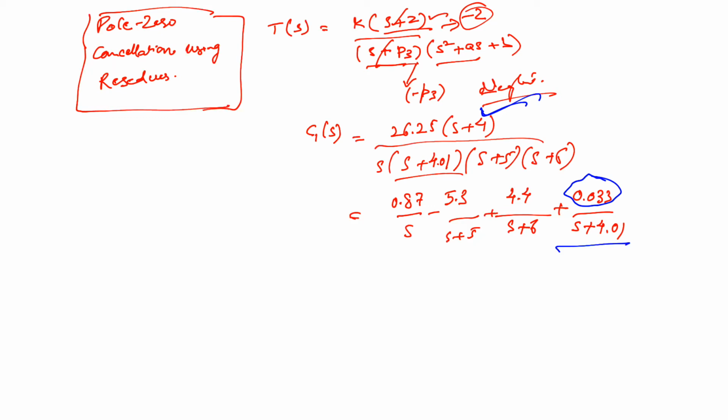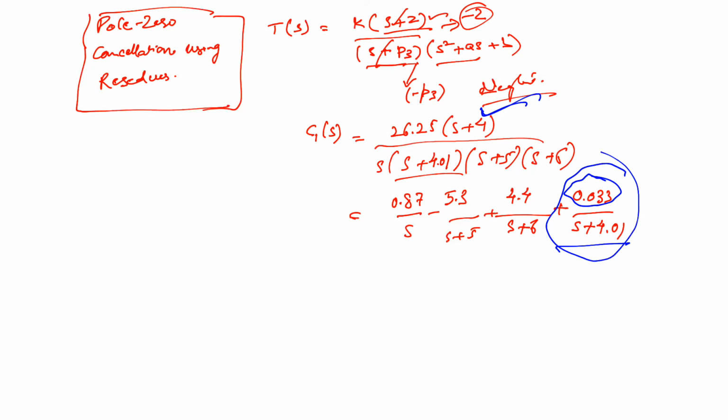So we make a second order approximation by neglecting the response by the pole at minus 4.01.